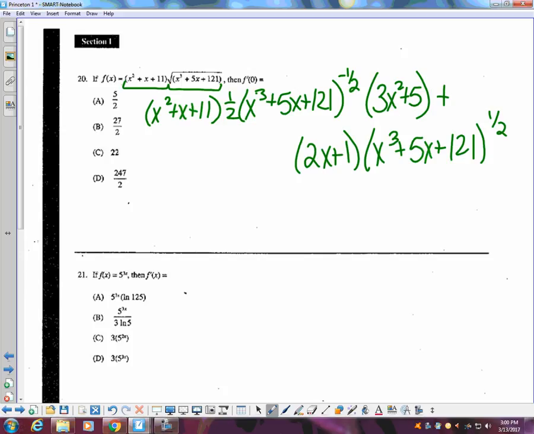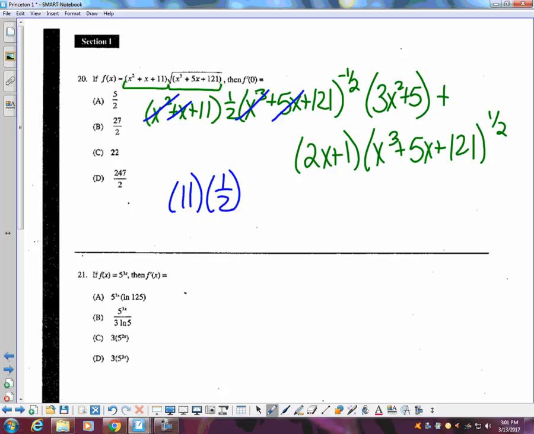Okay, now let's be smart. Isn't it asking at a very specific number? So does it do me any good to clean this up? I could screw that up. Just take this hideous mess. You're plugging in a 0. That's going to wipe out everything up here. He's gone. There's an 11. Here's a 1/2. He's gone.